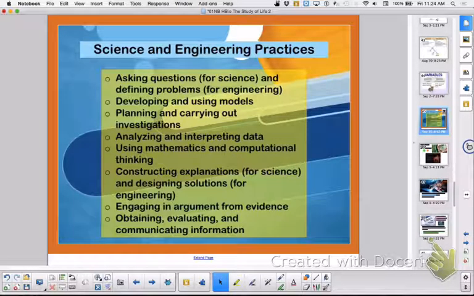And then we're developing and using models, like when you were bears and out foraging for food in your choice chambers.